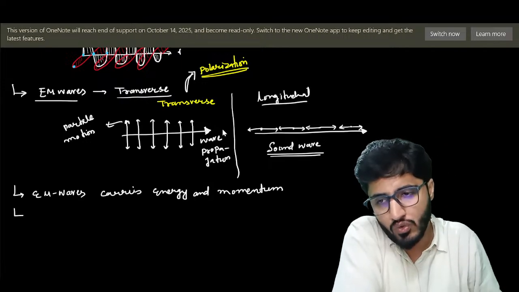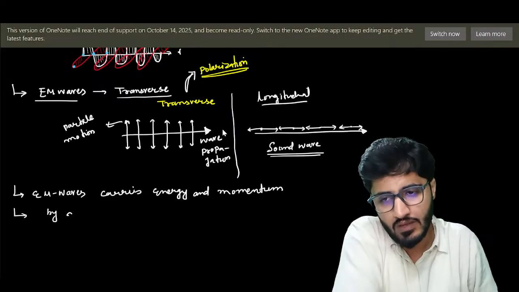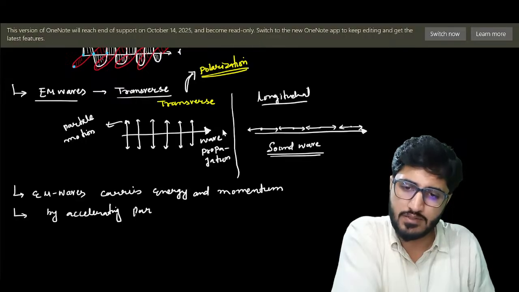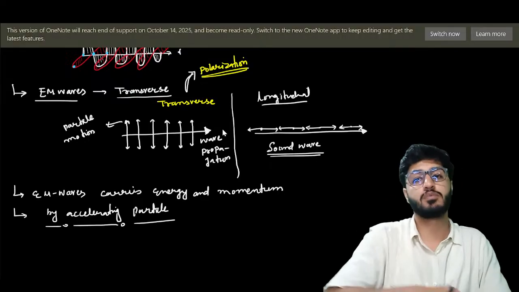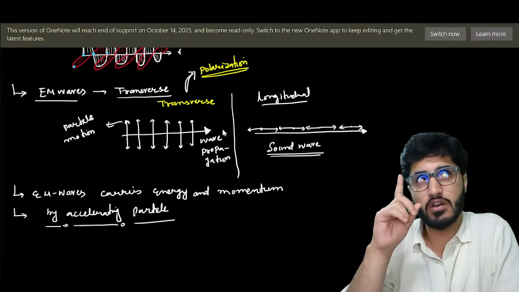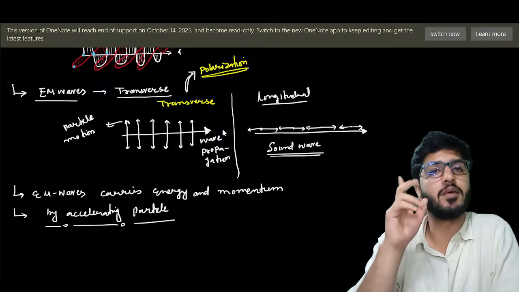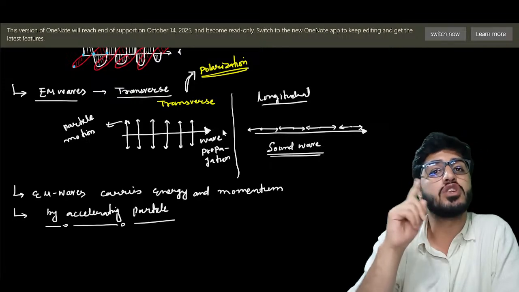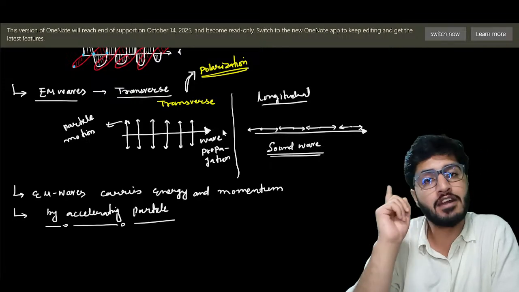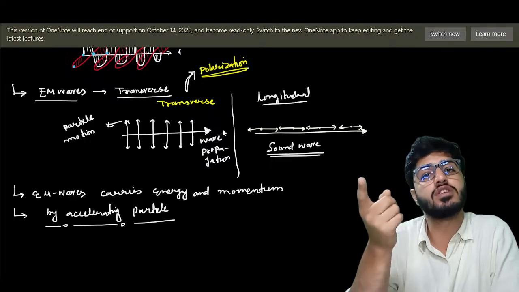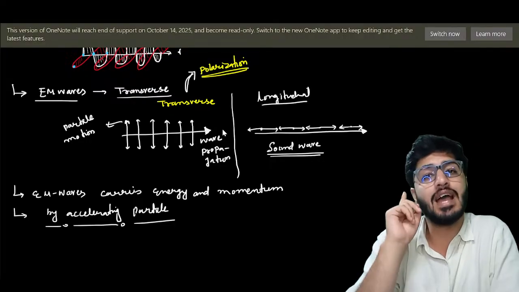So how will we produce EM waves? By accelerating particles. If my particle is in the accelerating mode, we will get EM waves. In the first lecture of electrostatics, we discussed that if the particle is at rest, only the electric field is associated. If the particle is in uniform motion, the electric field and magnetic field are both present with uniformity. Third, if the motion is non-uniform accelerated motion, there will be an electromagnetic wave.